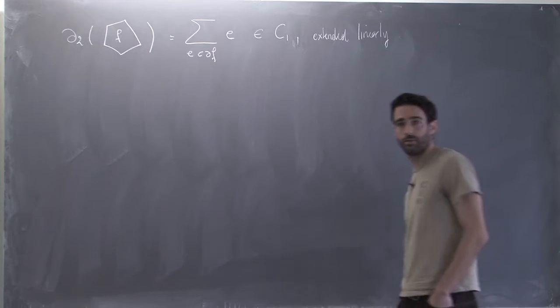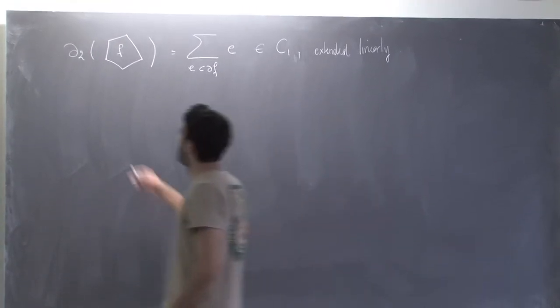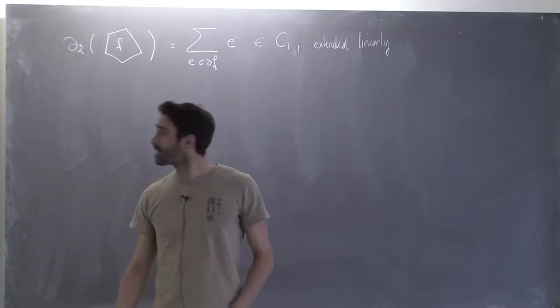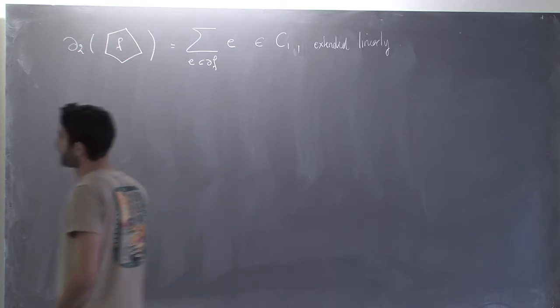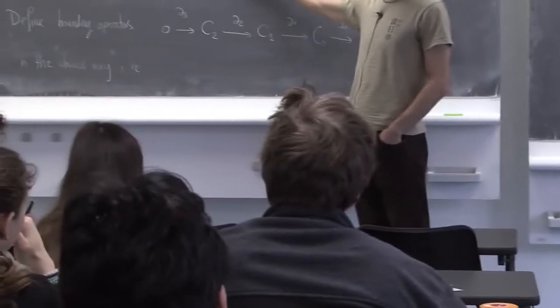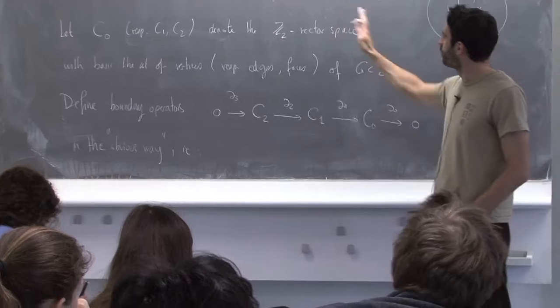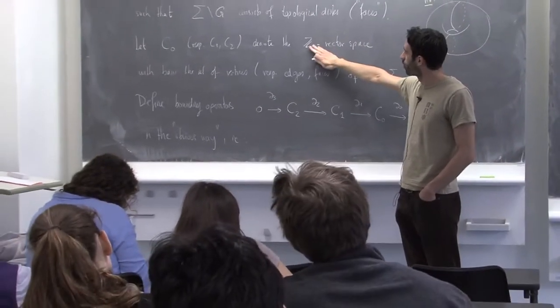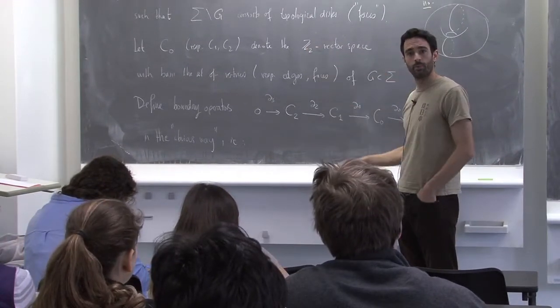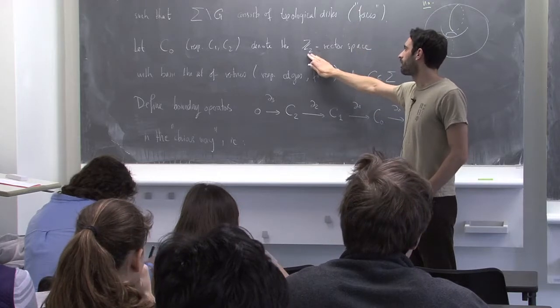You understand this definition? Is there some orientation? Yeah, so that's a very good question. So the point here is that we work over Z2, and over Z2 you don't need orientations. So it's part of a very general theory where in general you can work over Z, or actually over any abelian group, and well, let's say any ring.